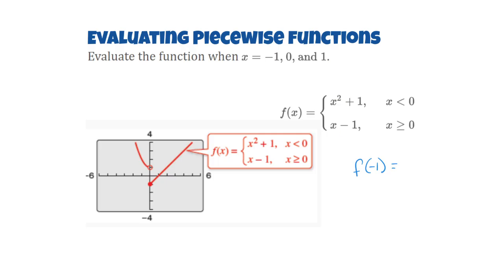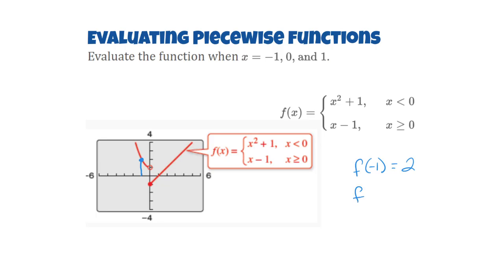You plug it in for the one that's appropriate for x being -1. Does that fall into this category or into this category? Well, -1 is less than 0, so you're going to be using this function only. You don't use this one at all. So you plug in your -1: -1 squared is 1, plus 1, that's a 2. So when you're evaluating, you get 2. You can see that on our graph, when x is -1, the y value is, boom, right there, a 2.